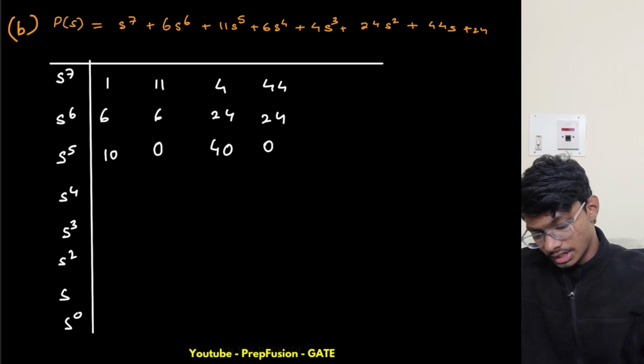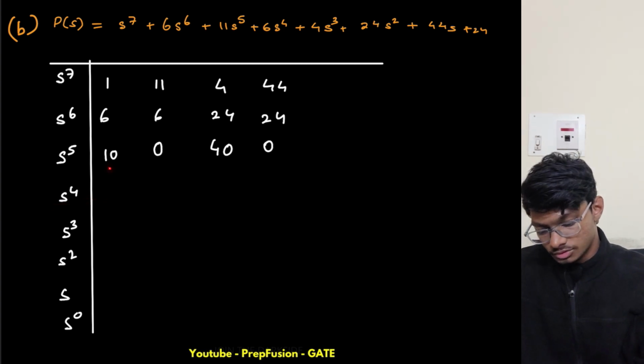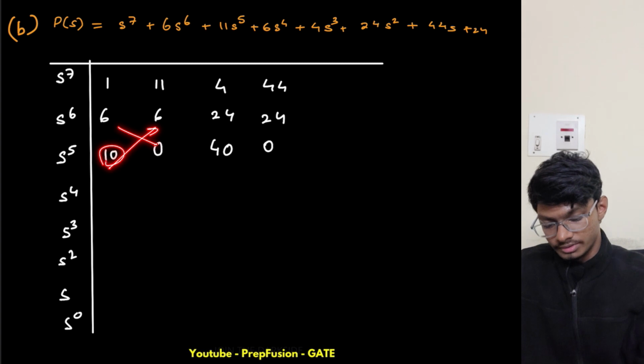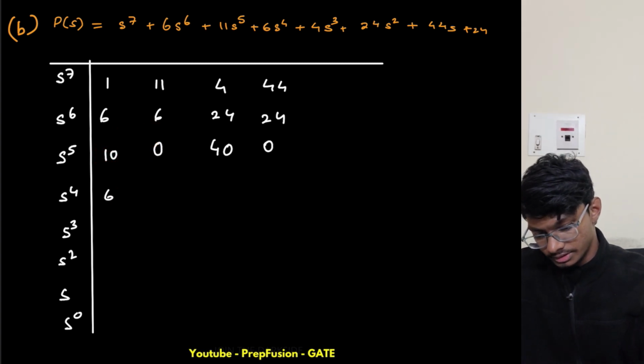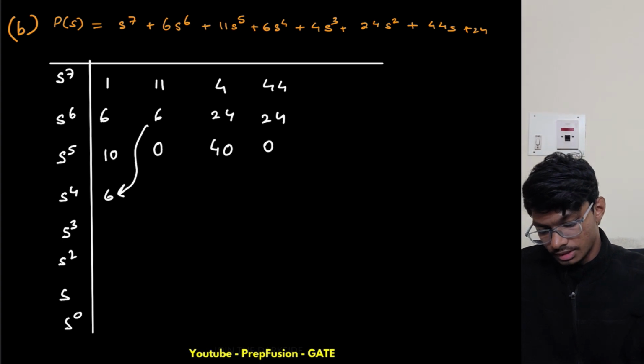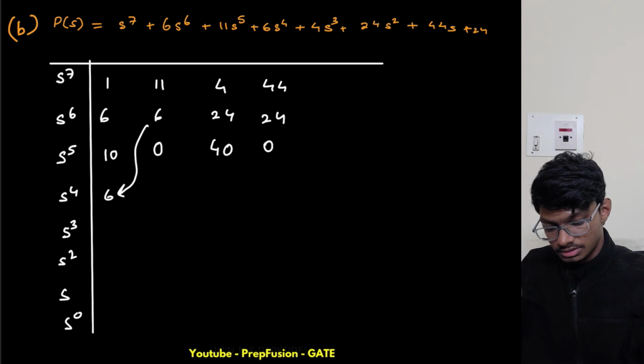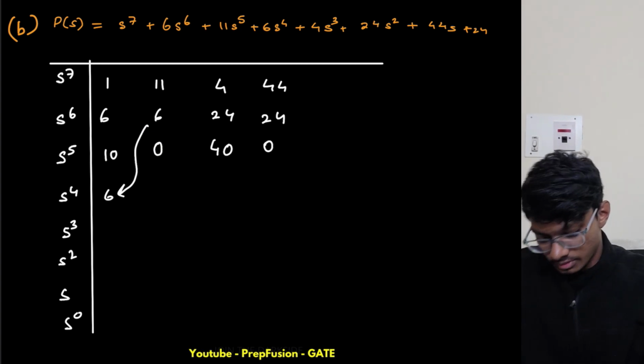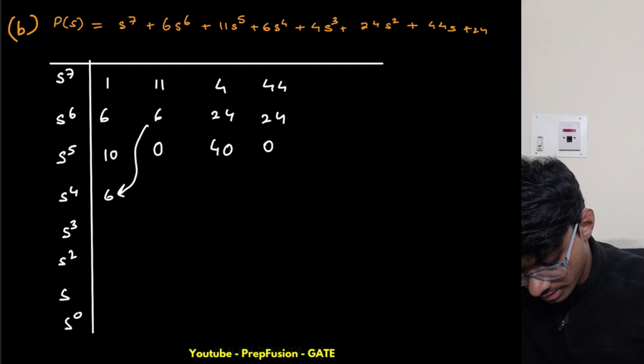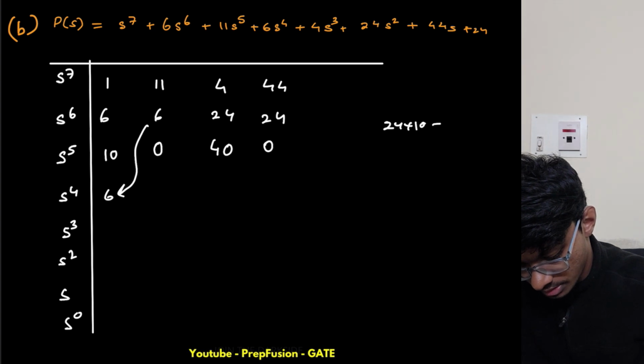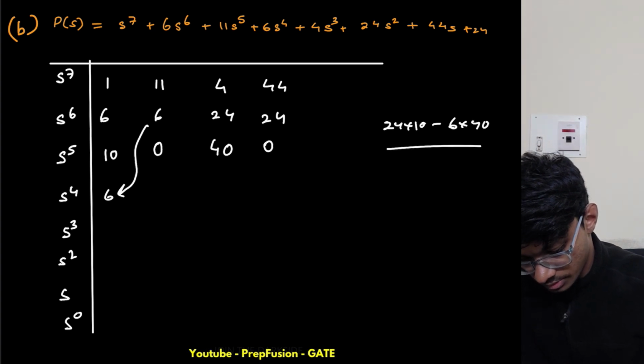Now I am in the fourth row. So this is 10 times 6 minus 0 divided by 10. Obviously the shortcut: 6 will come over here. Now 10 times 24 minus 6 times 40, and divide by 10 itself. So just write 24 times 10 minus 6 times 40 divided by 10.